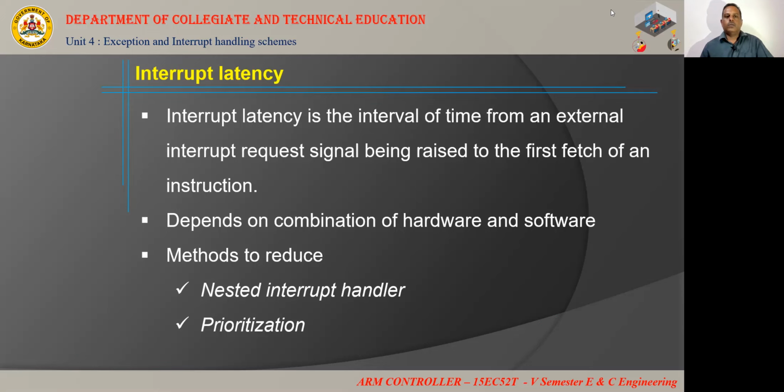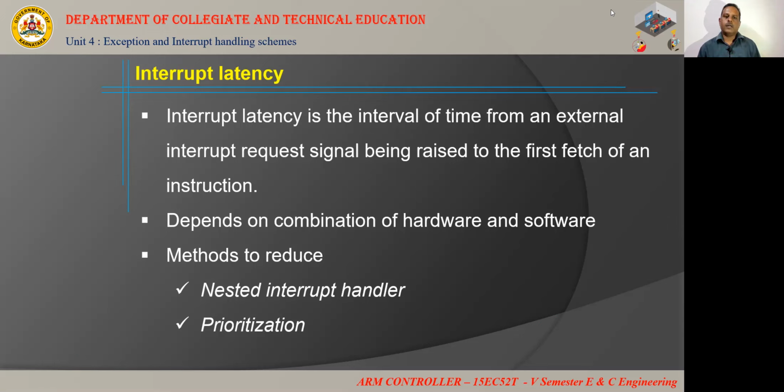And next, how to reduce this interrupt latency. For the best response of the embedded system, interrupt latency should always be minimum, meaning all the requests should ideally be handled in zero time. That may not happen practically. So there are some mechanisms which we can use to reduce this interrupt latency.